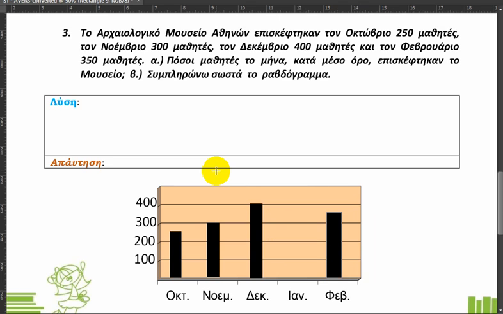So now let's find the average. That would be 250 plus 300 plus 400 plus 350. And we're going to divide all of this by 4. Since January doesn't count, apparently. Must have been closed.